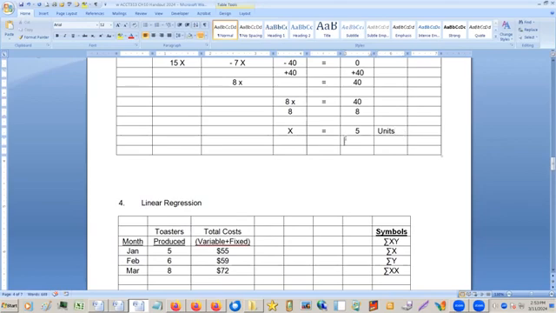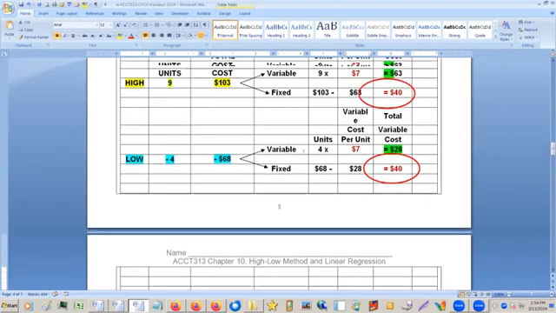And if we want that in dollars, we just multiply that by 15.